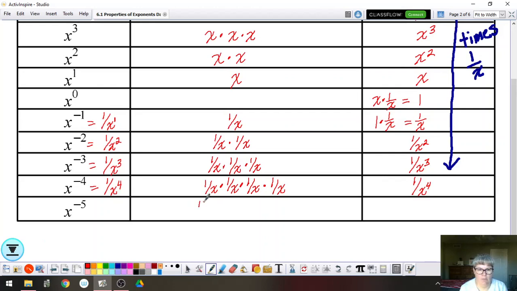And same thing with x to the negative 5th. So we would have 1 over x to the 5th, meaning x to the negative 5th is equal to 1 over x to the positive 5th.